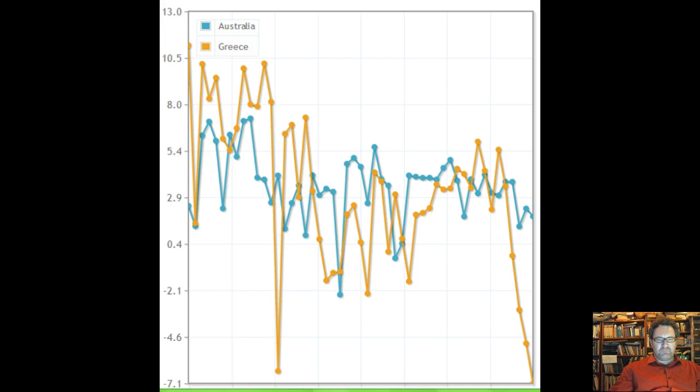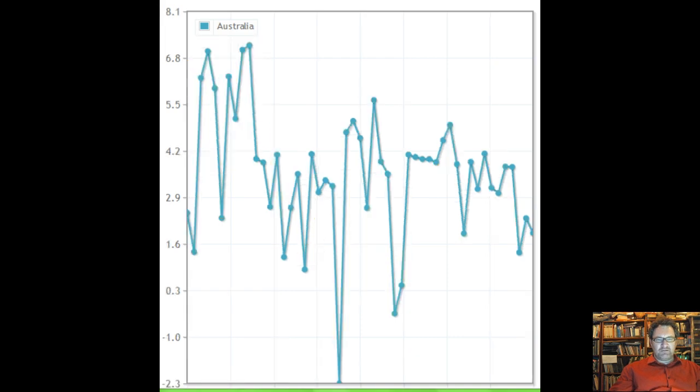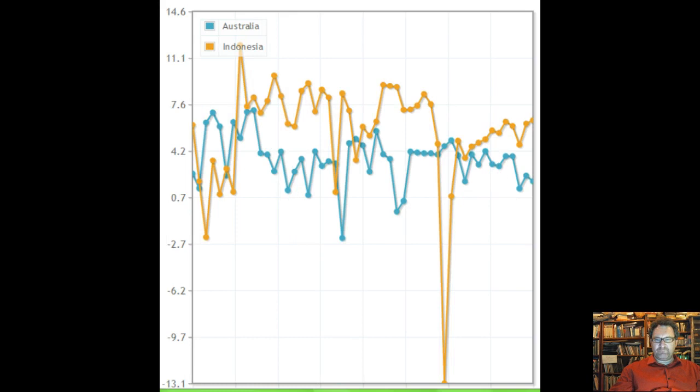What if we compare Australia to our nearest neighbour, Indonesia? Right, we can see through the 1970s that Indonesia's growth rate is higher than Australia's.